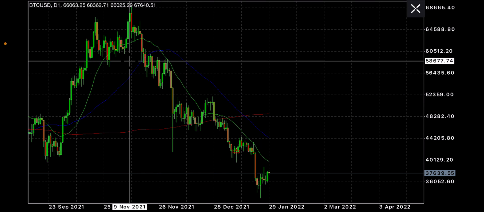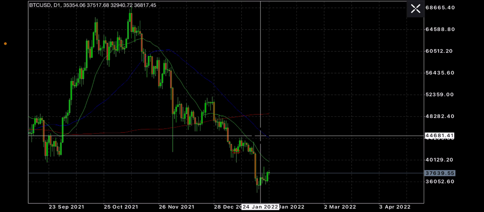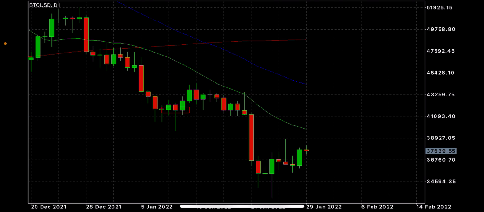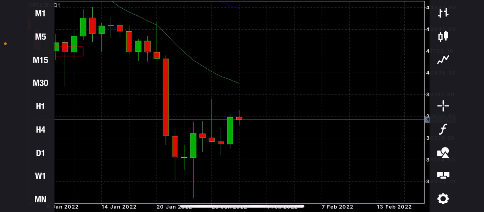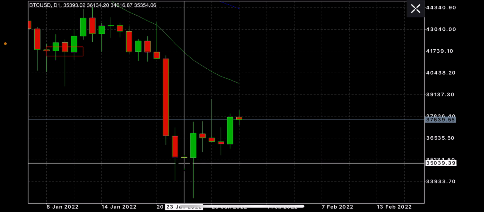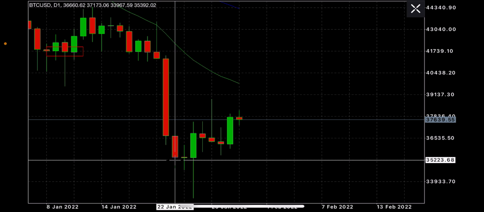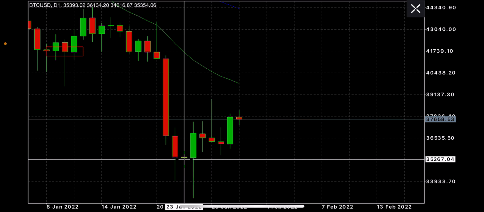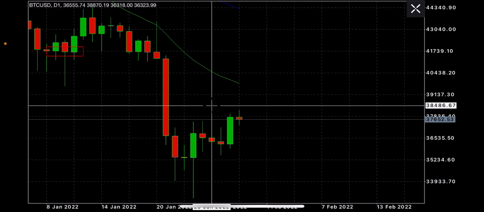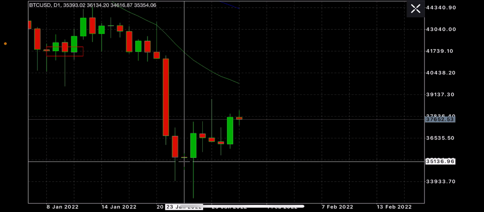Now, this looks overall weak, but when you're dealing in days, you want to take a look at the last few days. So even though it's been overall weak, Bitcoin is somewhat coming up, but it's not coming up very aggressively. We have an elongated upside down hammer and a couple of dojis.